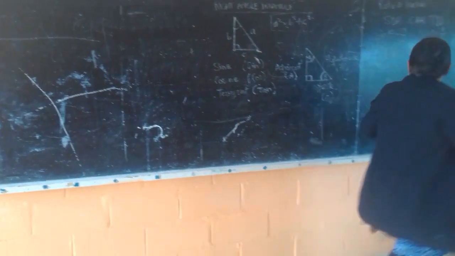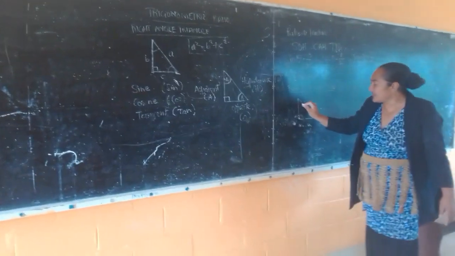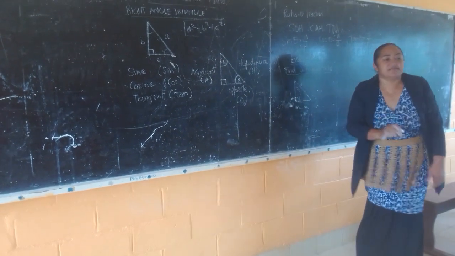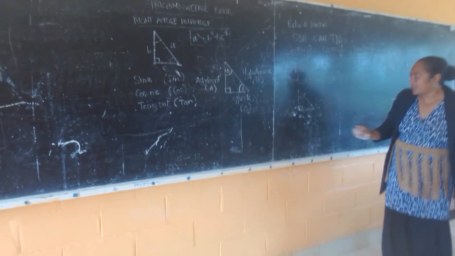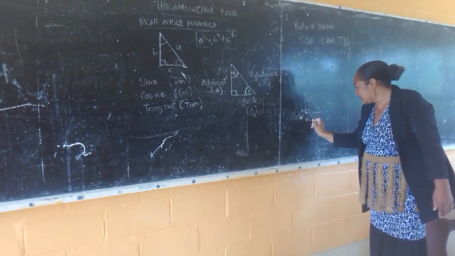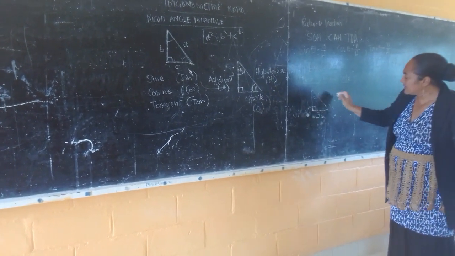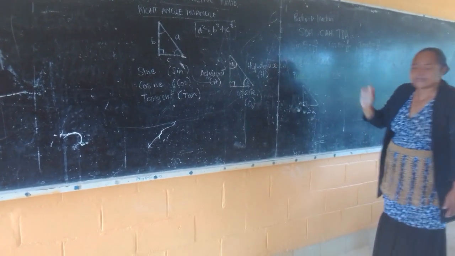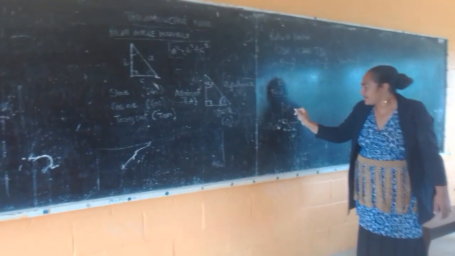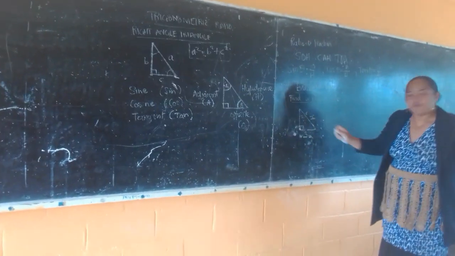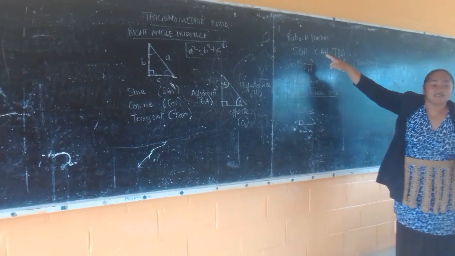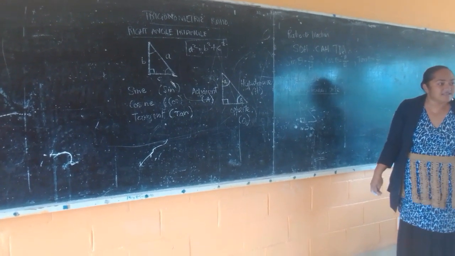But if one angle is given, let's say angle 30, and I said this is 3, and then find x. First thing you need to do is identify which one you are going to use.